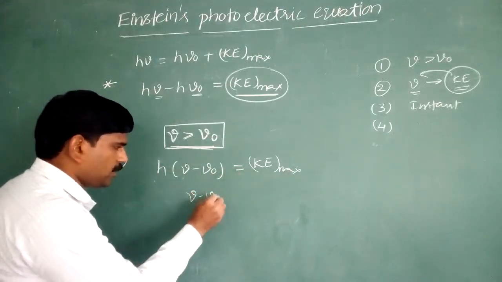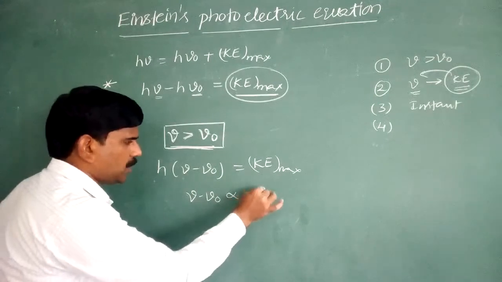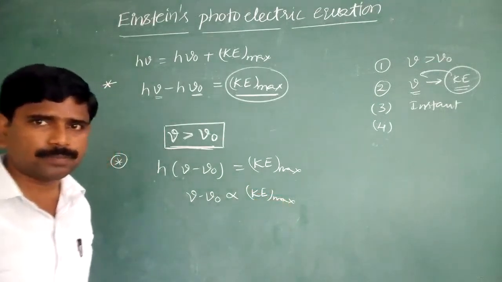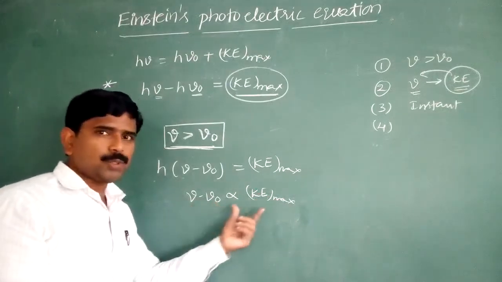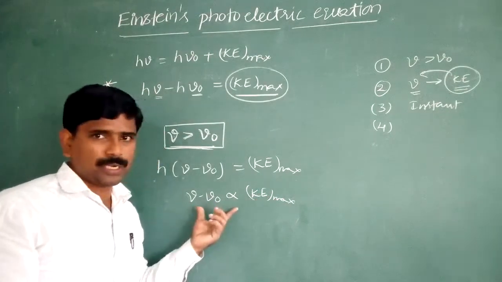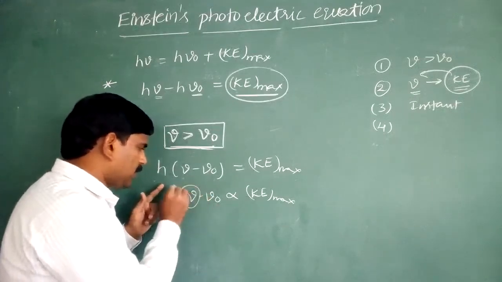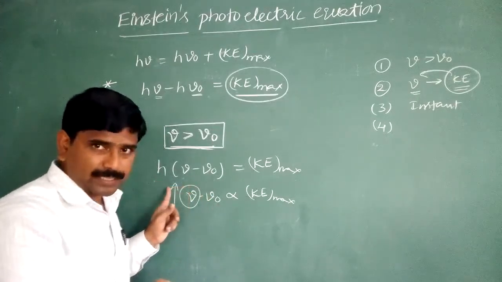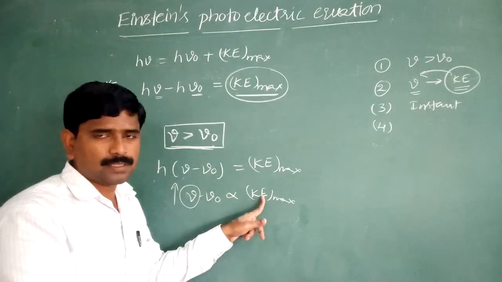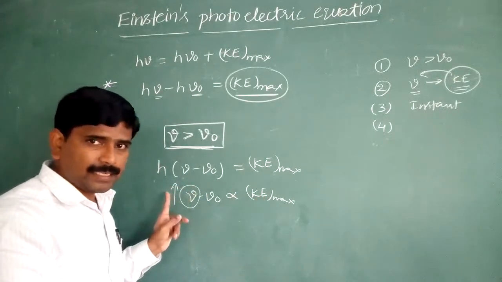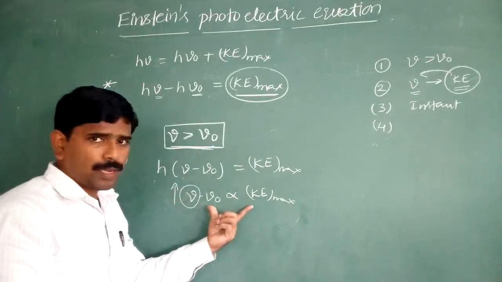Nu minus nu naught is directly proportional to the maximum kinetic energy. So when the frequency of the incident radiation increases, kinetic energy also increases.